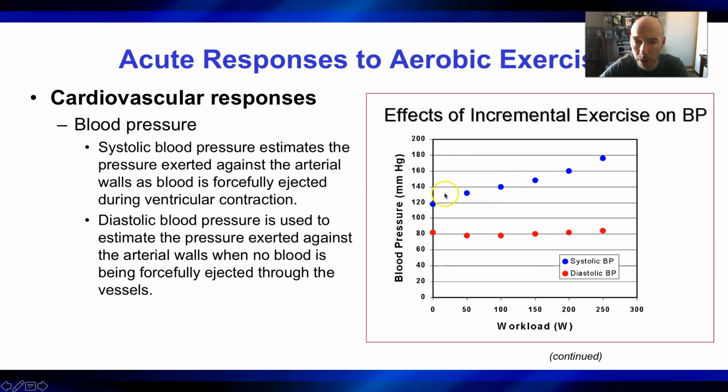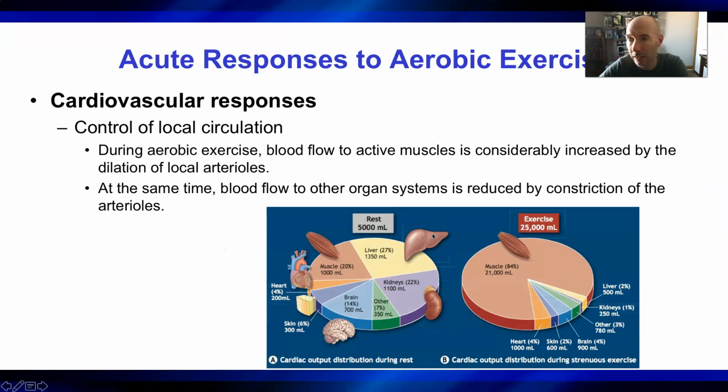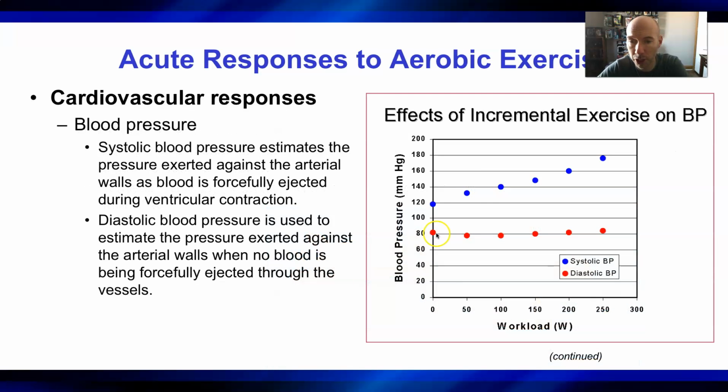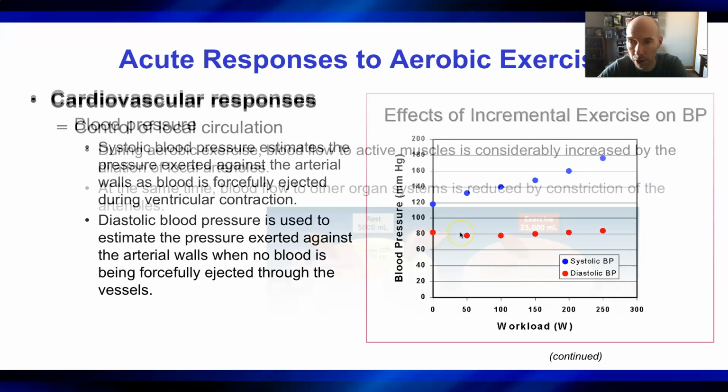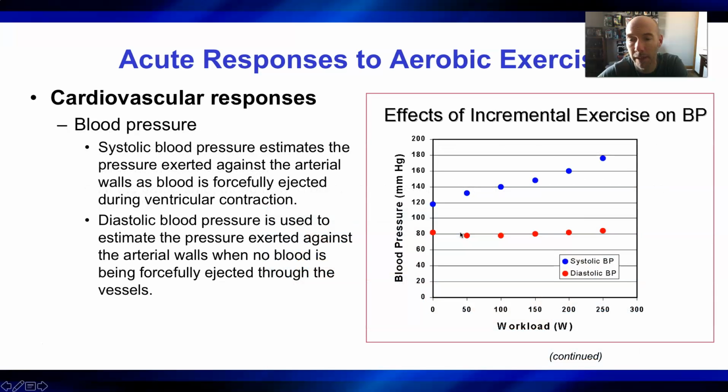And what we see on this chart is the diastolic, which is in red. In a healthy individual, there should not be much change at all, okay? Usually we say little to no change in diastolic pressure as a function of exercise intensity, which is shown here at the bottom.